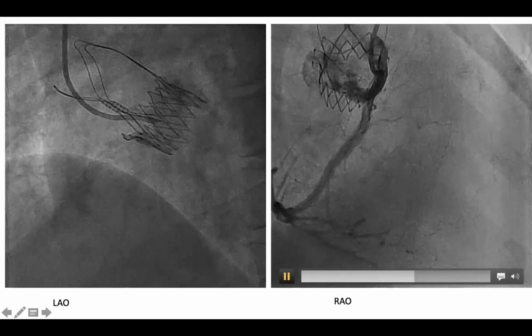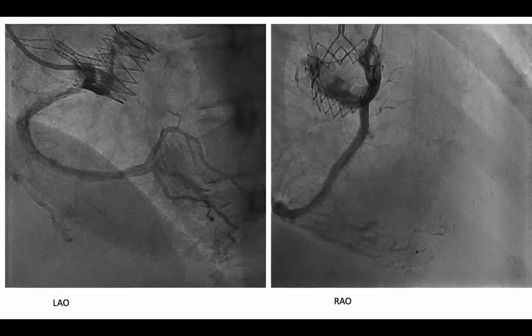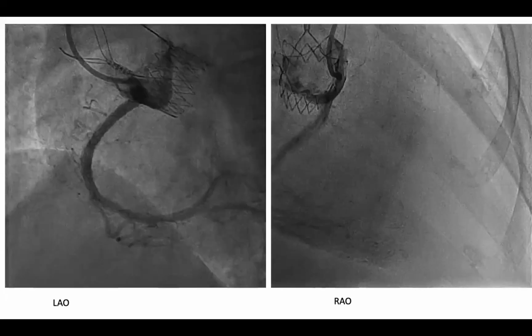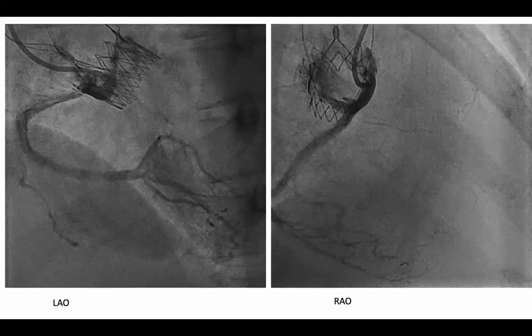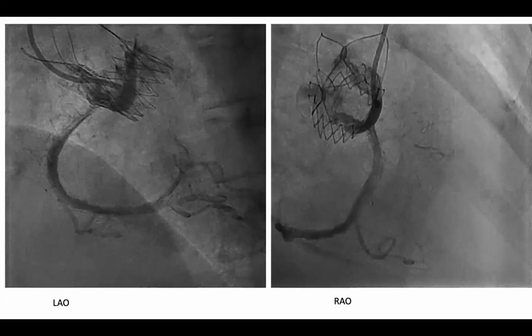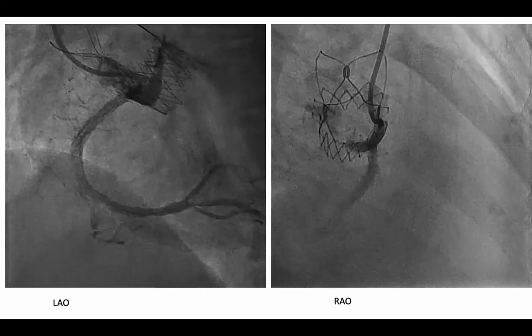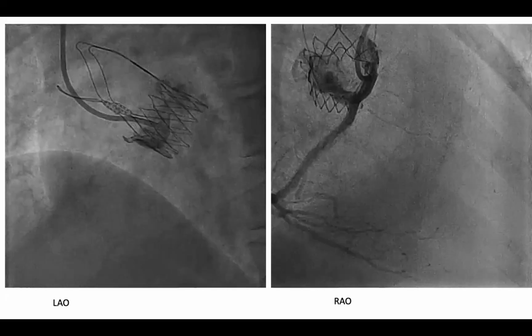Can everyone see the cine runs? Yes. Here, I would also like to point out for budding interventionists, in the first picture, which is the LAO, the AL guide is not pointing in the same direction as you would expect to engage the right coronary artery.